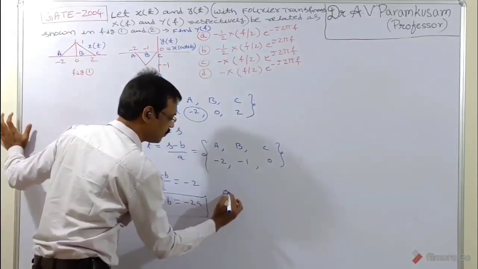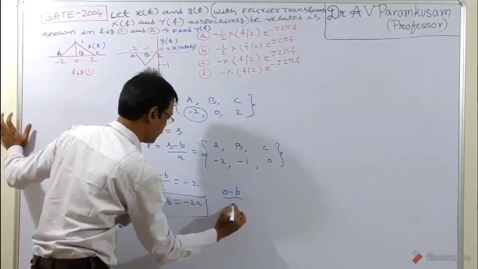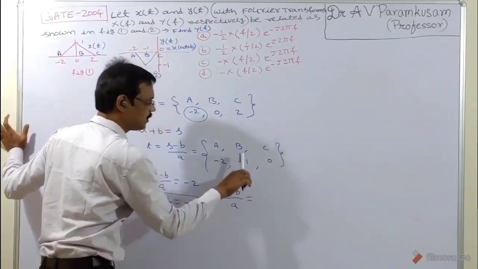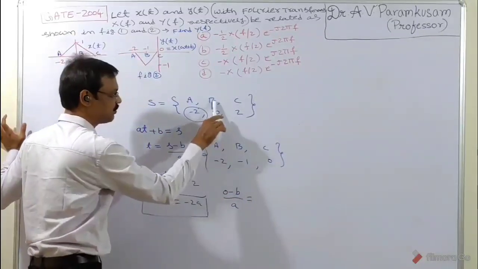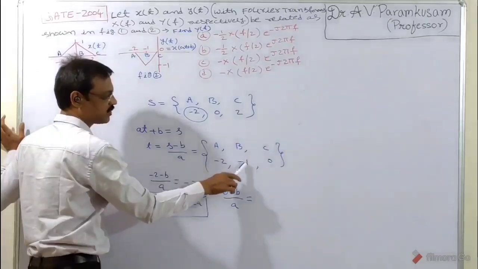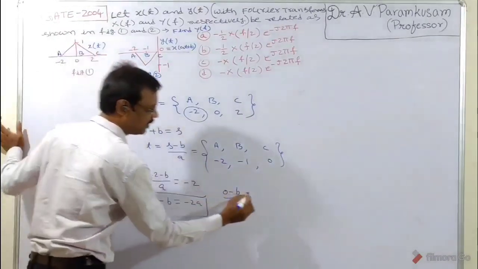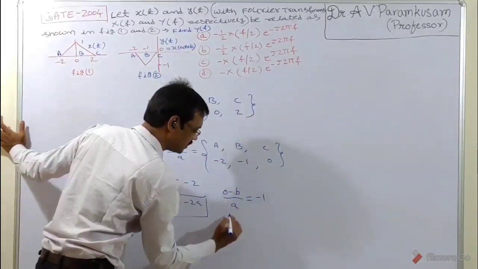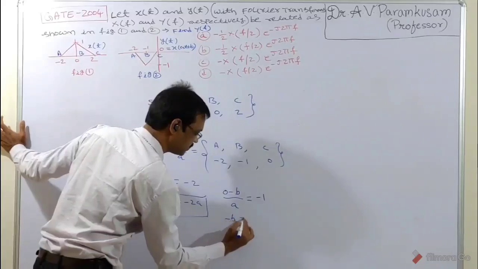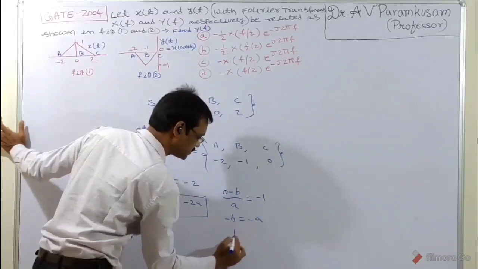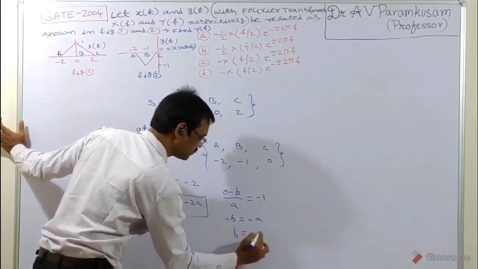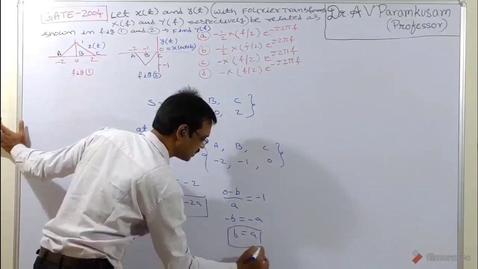Then 0 minus b by a is equal to minus 1, which gives minus b is equal to minus a. That is nothing but b is equal to a.